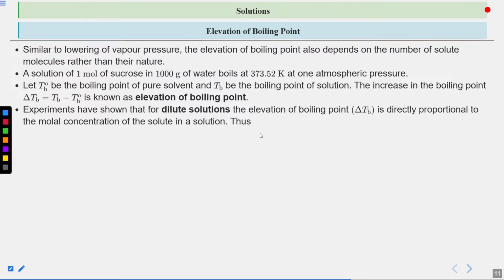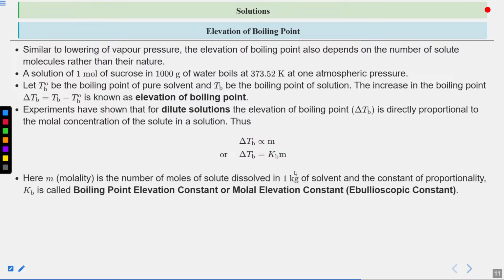It is found experimentally that this elevation in boiling point is directly proportional to the molal concentration, or the molality. So we can write delta TB is directly proportional to molality. Removing this proportionality sign will introduce a proportionality constant, which is Kb. This Kb is called the boiling point elevation constant, or molal elevation constant, or the ebullioscopic constant.